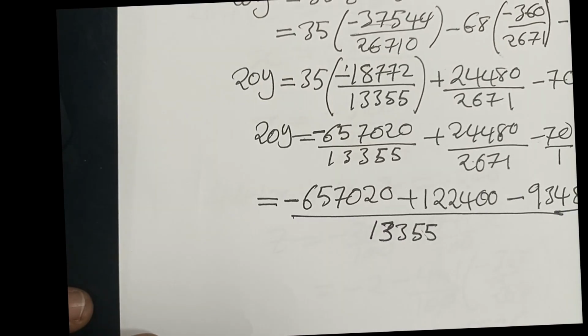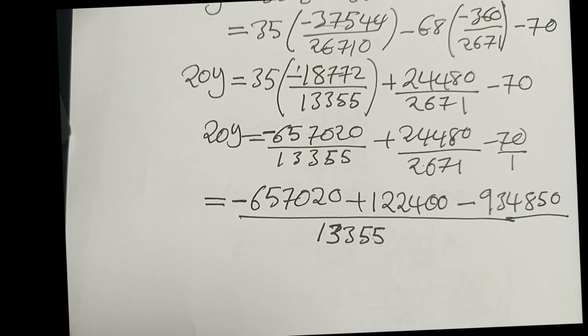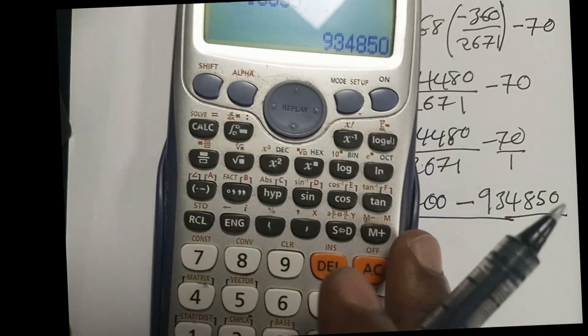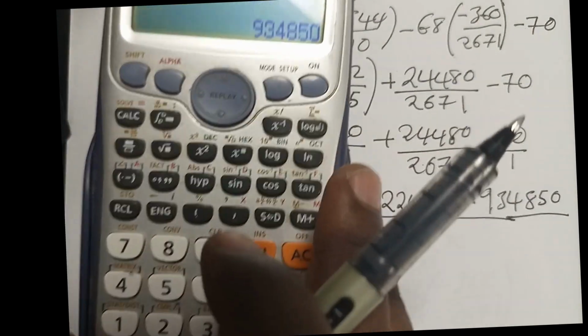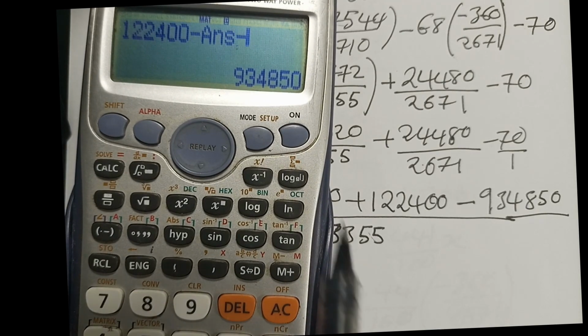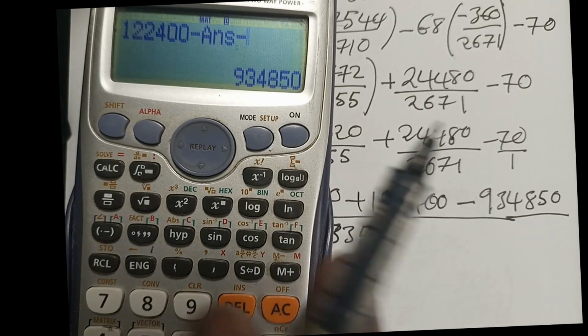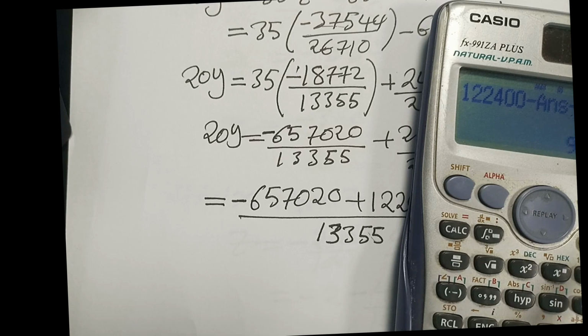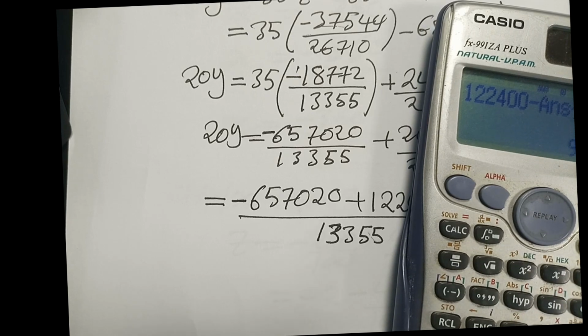Then you now add what is on top. So we have 122400 minus this one, 657020.